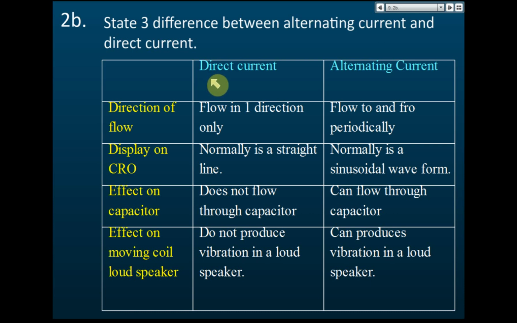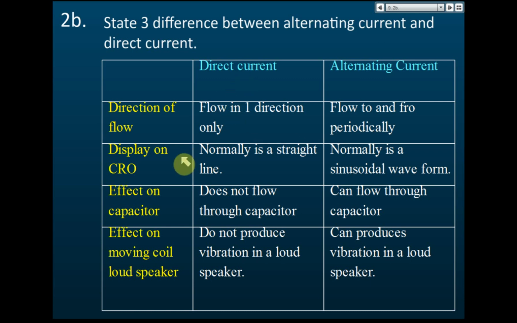Actually, you are advised to draw a table to present your answer. So we draw a table, direct current and alternating current. First, we tell about the direction of the flow. Direct current flows in one direction only, but alternating current flows to and fro periodically.